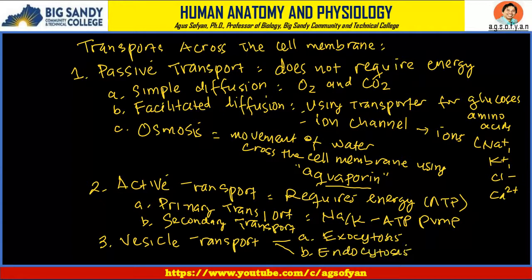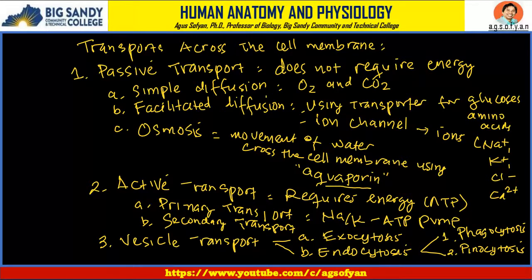And endocytosis has two types. If it is eating the molecule, it's called phagocytosis. If it is drinking the molecule, it's called pinocytosis. So this is the summary of transport of molecules across the membranes.